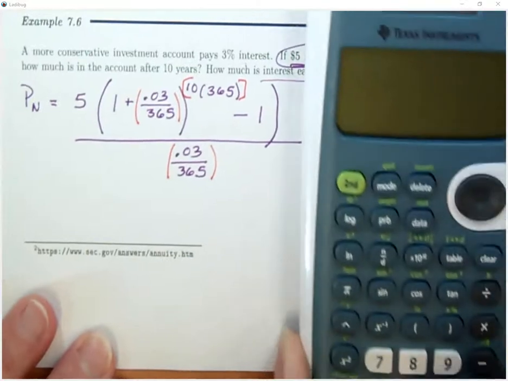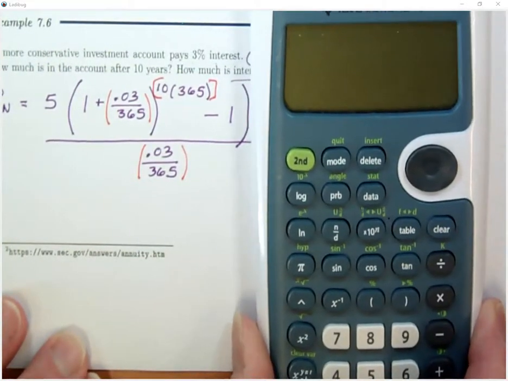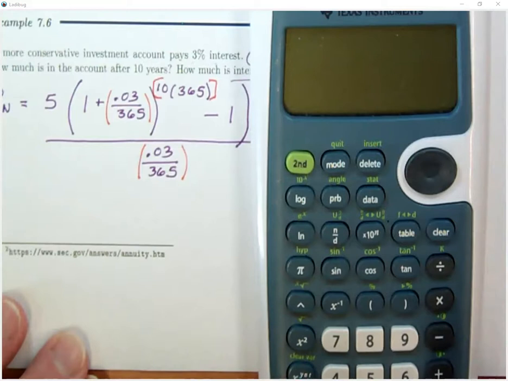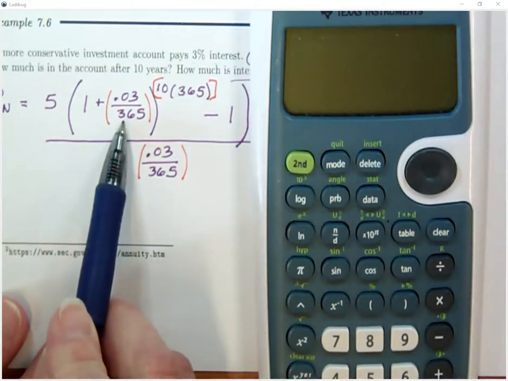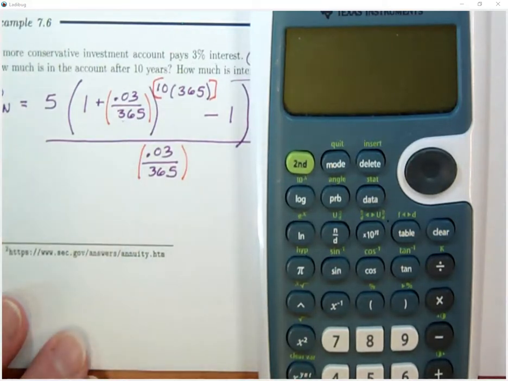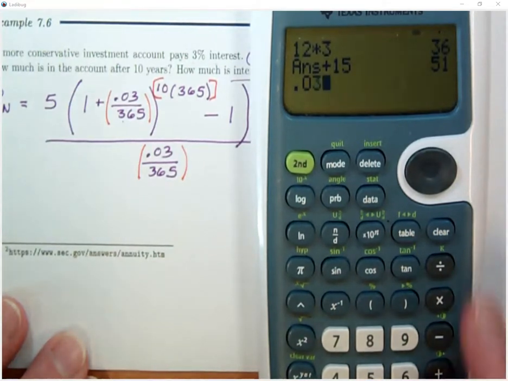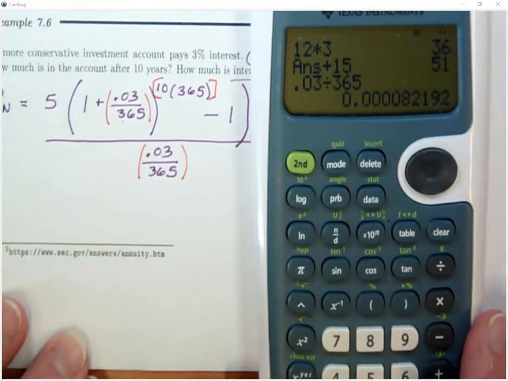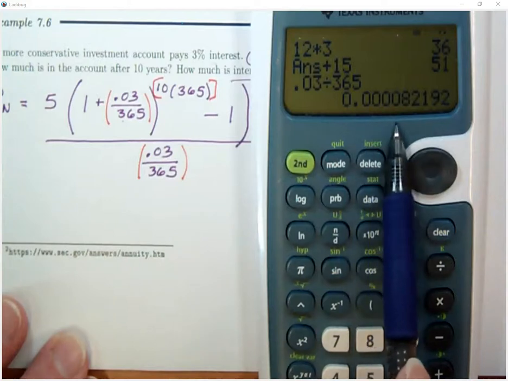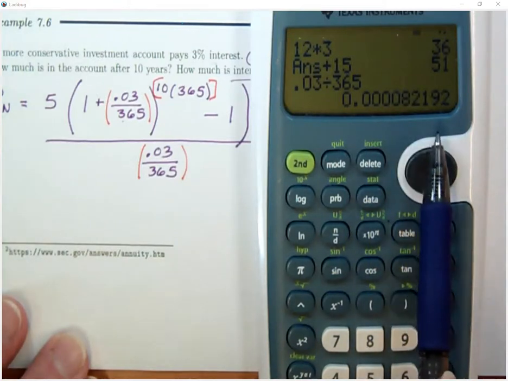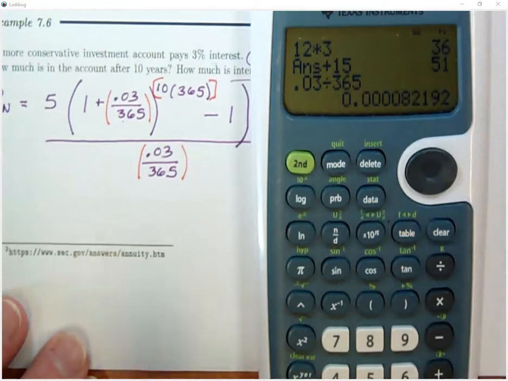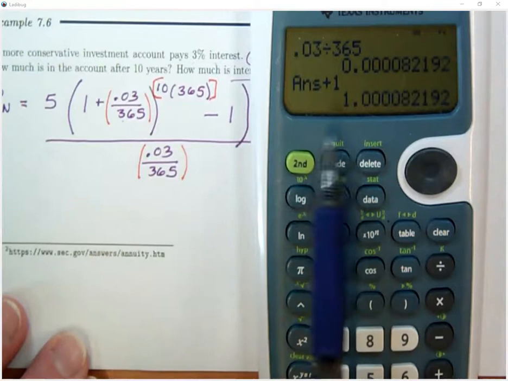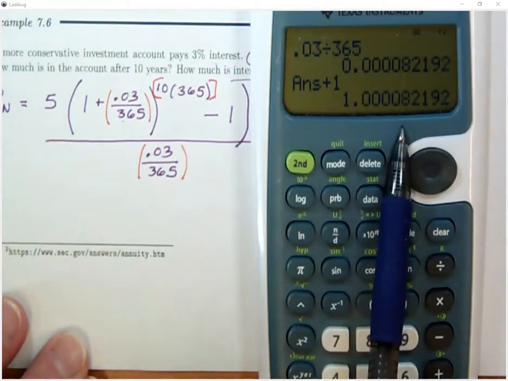Okay, so we have the calculator here, and I'm going to start with 0.03 divided by 365. Okay, and I get 0.000082, and so on and so forth. I'm going to leave that right there in my calculator, and now add the 1. And that's the number I get.